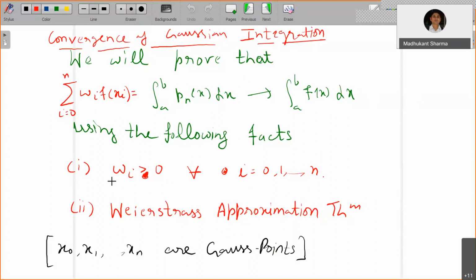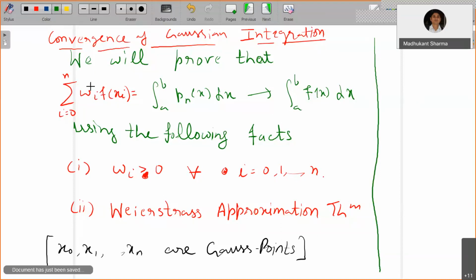The very first fact which needs to be proved is that wi is greater than 0 for every i equal to 0 to n. In the Gaussian quadrature rule, the weights are w0, w1, w2, up to wn, and so on. They are known as the weights over the function f at the interpolating point xi.